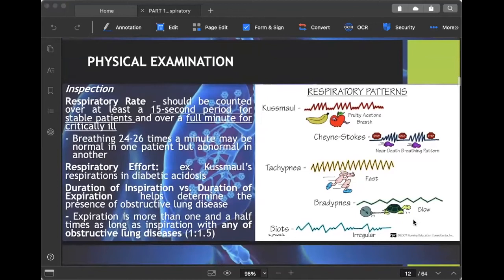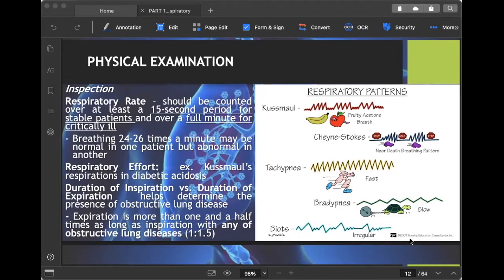How about the respiratory rate? It should be counted over at least a 15-second period for a stable patient, and over a full minute for the critically ill. But technically speaking, we should always count the respiration over a full 60 seconds or 1 minute. With this one, the normal is 12 to 20 for adults.